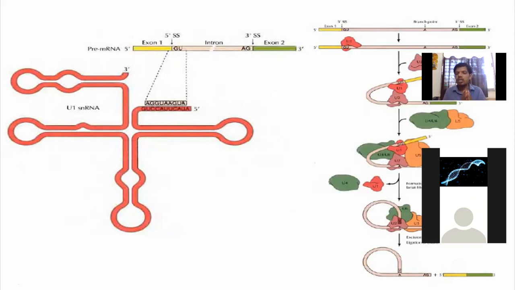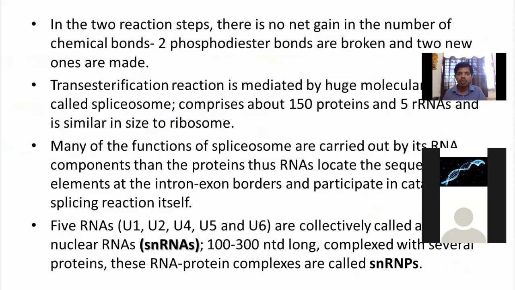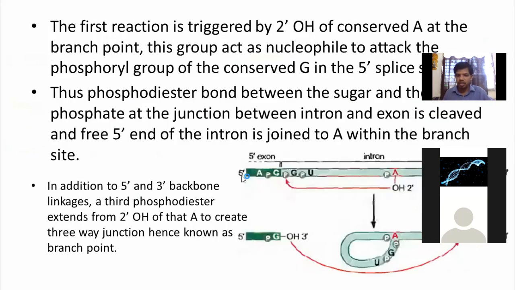I have not explained this part in the previous slide. In the previous slide, I explained, according to Watson, what is going on through the trans-esterification reaction. I said that the 2' OH of the adenine residue of the branch site will attack the 5' splice site.